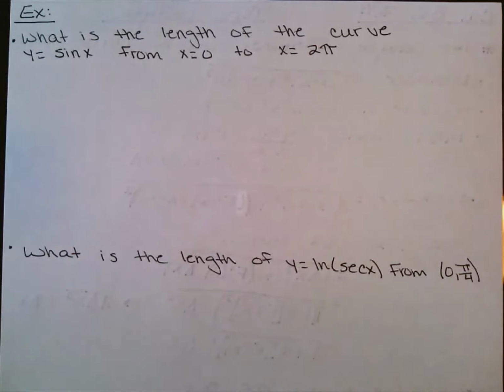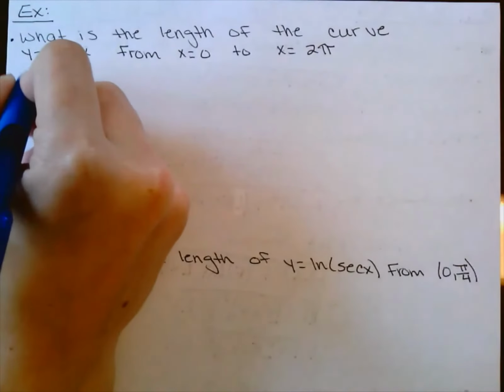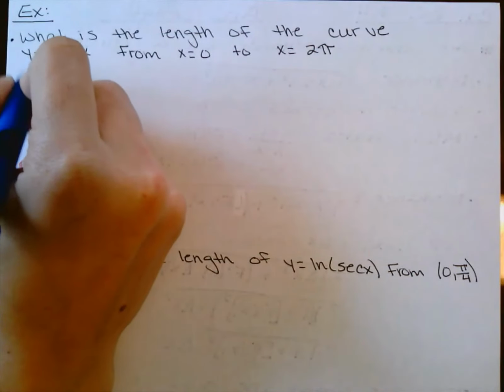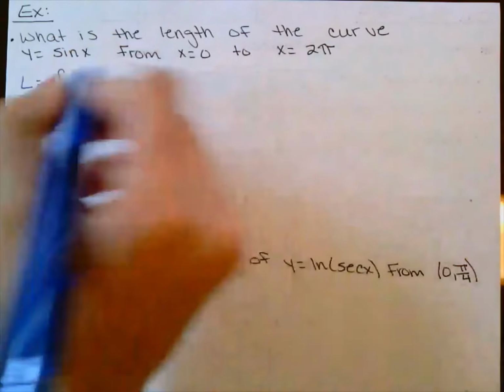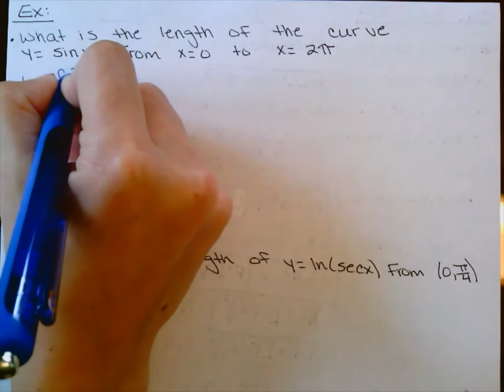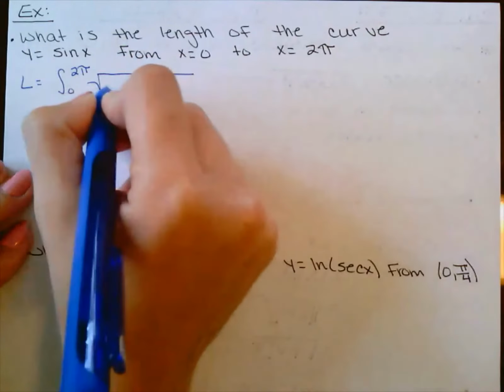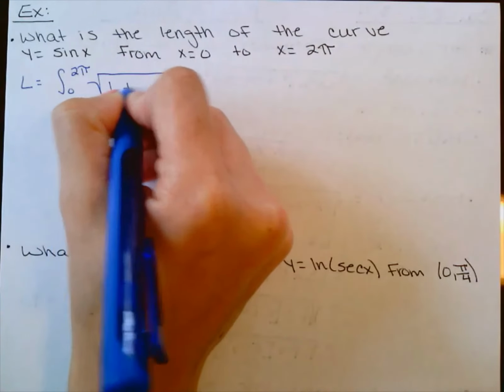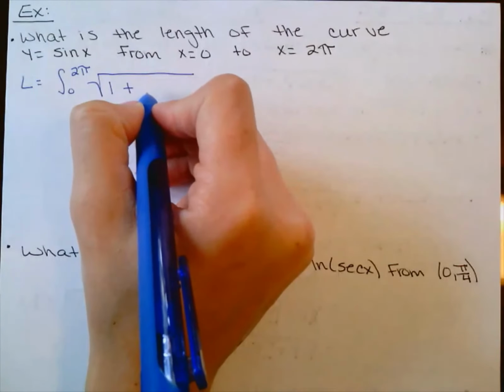Let's take a look at this first example. It says, what is the length of the curve of sine of x from 0 to 2 pi? So if we plug that into the formula, I'm doing the definite integral, right? So the length of the curve is going to be the definite integral from 0 to 2 pi of the square root of 1 plus the derivative of sine squared.